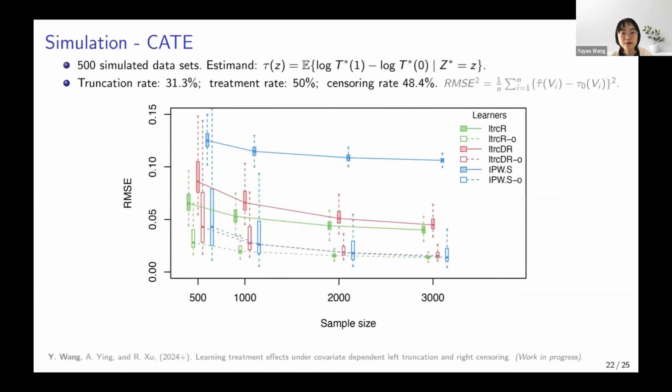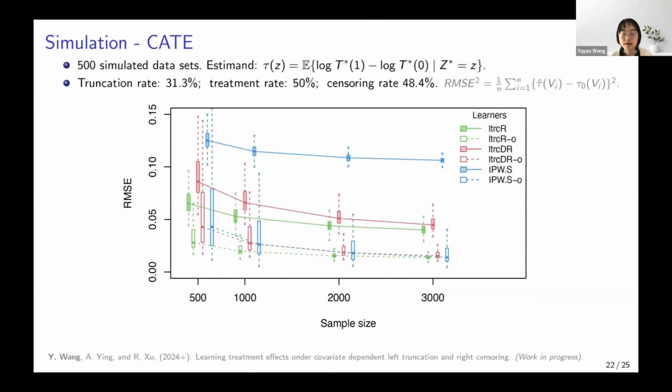So now I'd like to use this one slide to show some simulation result for CATE. And here we show the root mean square error of different learners for estimating CATE.